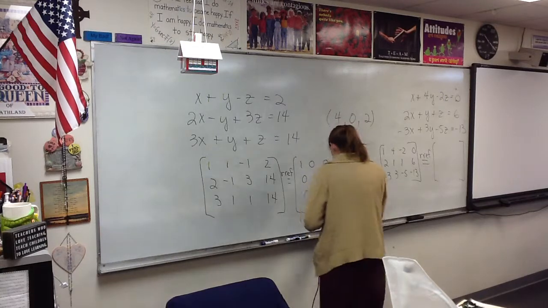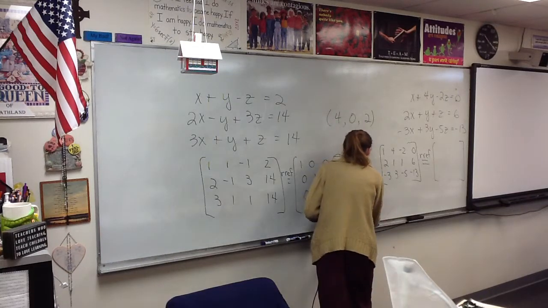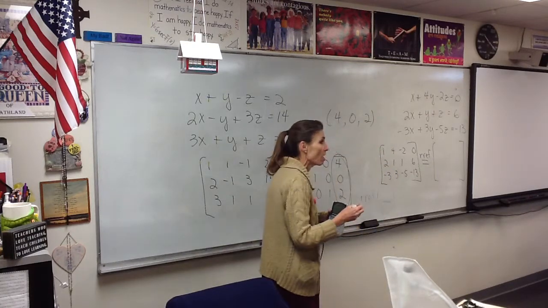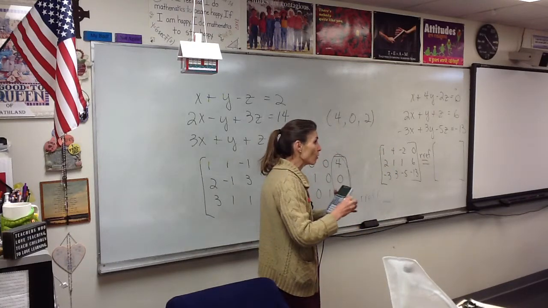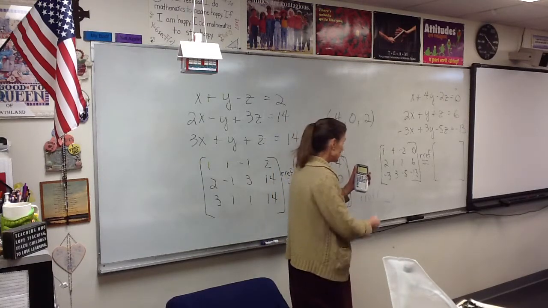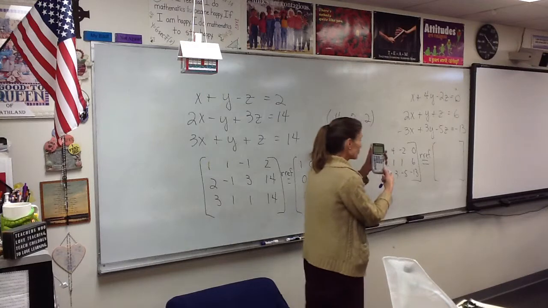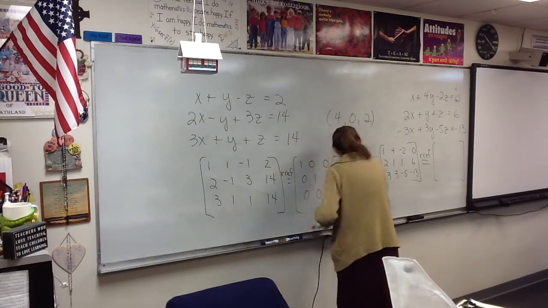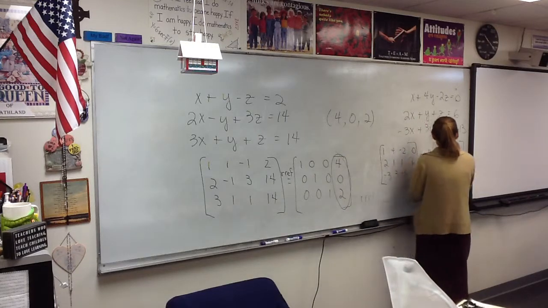Now, on the screen, it says RREF, and it's waiting for you to tell it what to RREF. So go back into matrix, second matrix, hit enter twice, and out will come a new matrix.